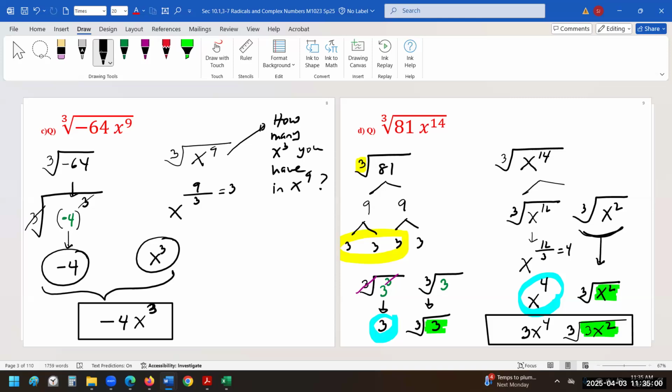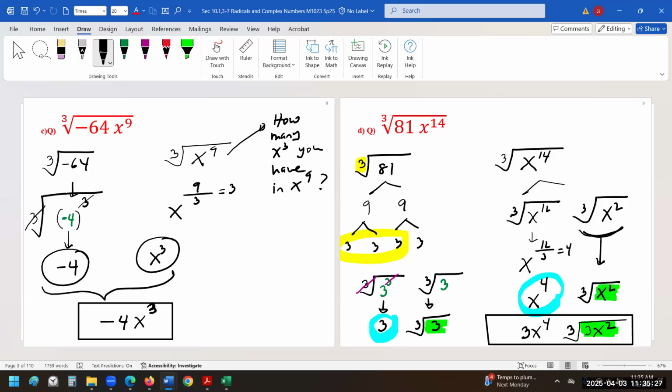Are you okay with the variable part? See, when you simplify the numbers, you have 3 extra, and then you have 3 inside. When you simplify the variable, you have x to the 4 extra and x squared inside. Now this 3 and this x to the 4 are not inside the radical, they're free.